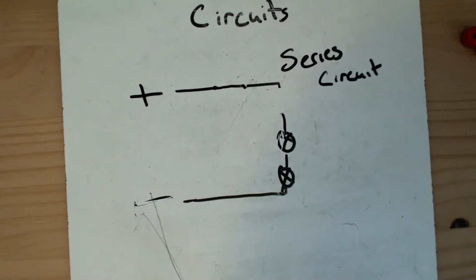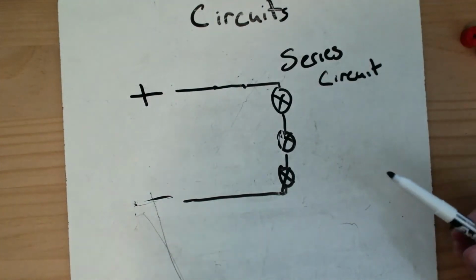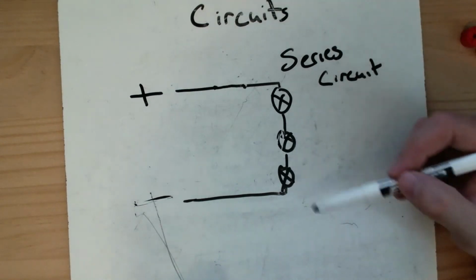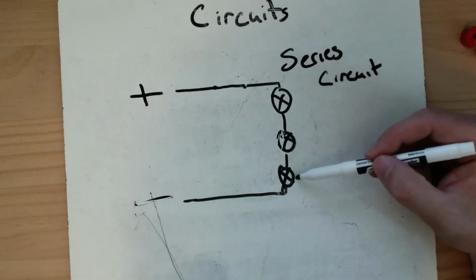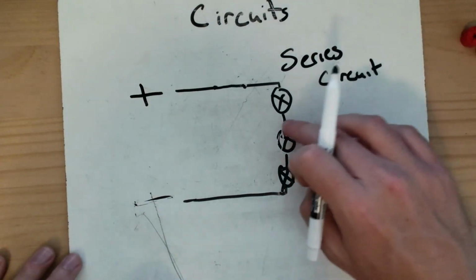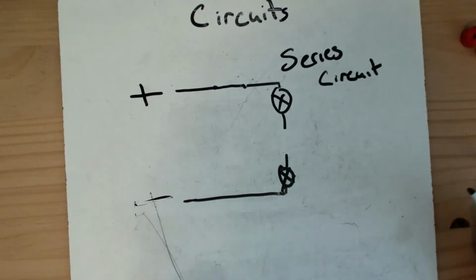So if you have a series in baseball, it's a series of games that are played one after the other, usually like one day, then the next day, then the next day, against the same team, and they're all to be considered together. So with a series circuit, electricity is going to pass through the light bulbs one after the other after the other. And if any of them blow out, the entire circuit is now broken and none of them will work.